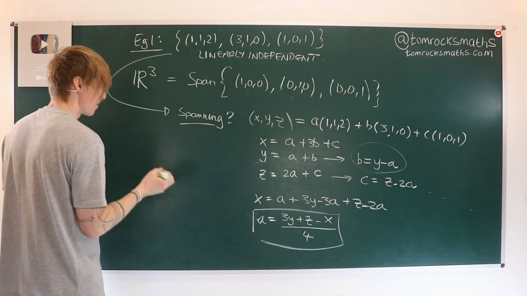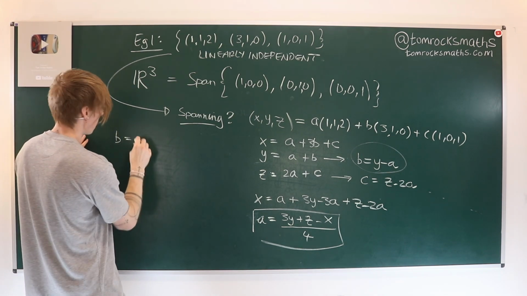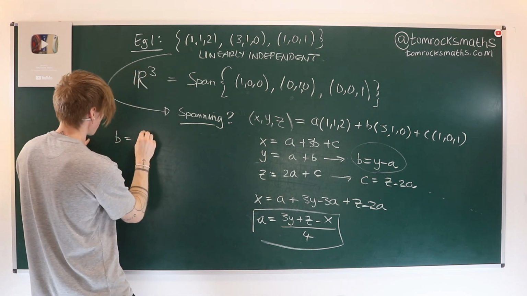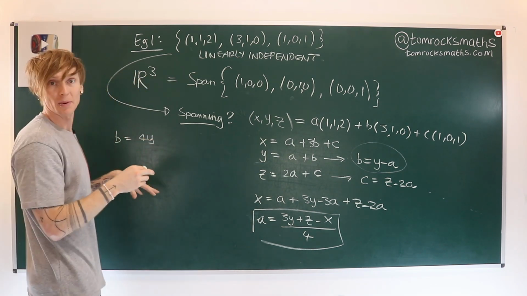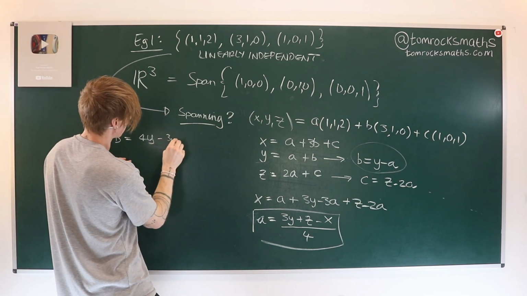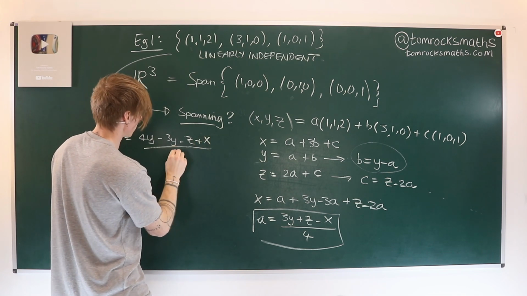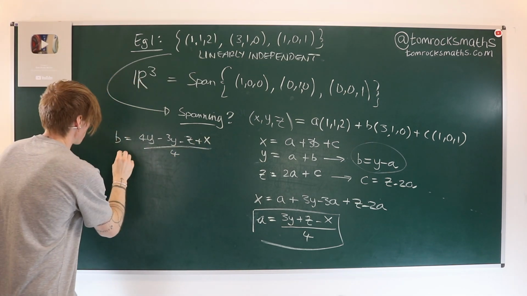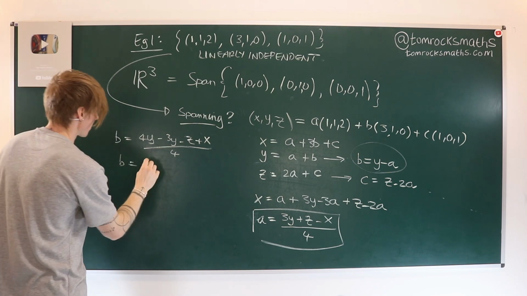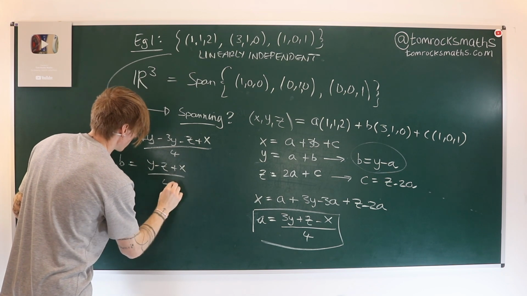So b is therefore equal to y minus this. I'm going to write that as 4y all over 4, minus (3y minus z plus x) all over 4. So that's going to give me that b is in fact (4y minus 3y, which is y, minus z plus x) over 4.